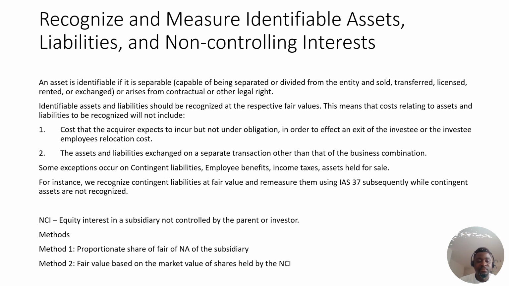Non-controlling interest is equity interest in a subsidiary that is not directly or indirectly controlled by the parent company or the investor. So for instance, you bought 80% equity interest or 80% shares or investment in a subsidiary. There's still 20% that is left. So that 20% is a non-controlling interest.